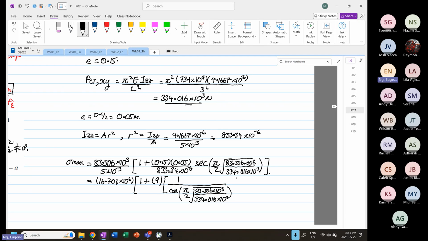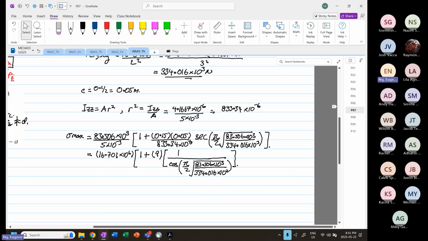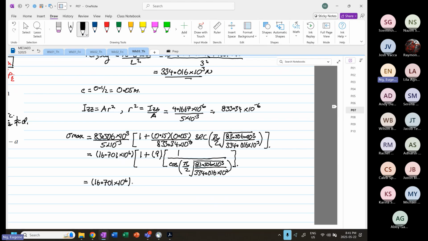You close the bracket and then you do this. Okay. So again, this will be equal to 16.701 times 10 to the power 6 and then 1 plus 9.